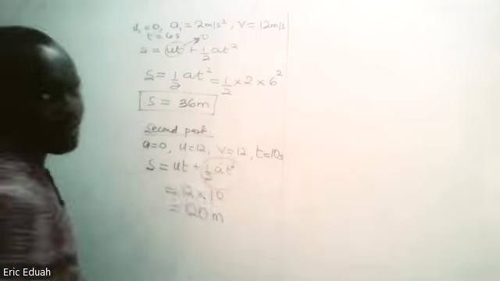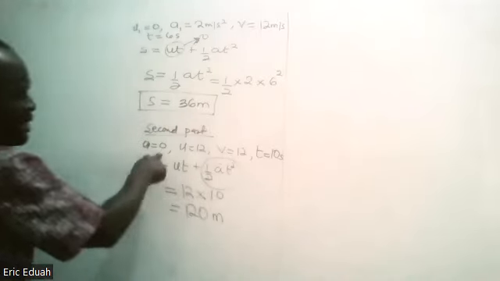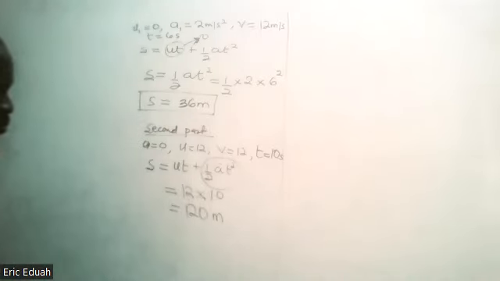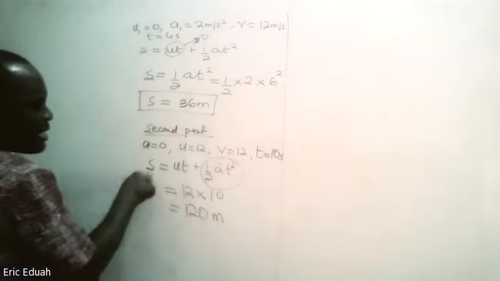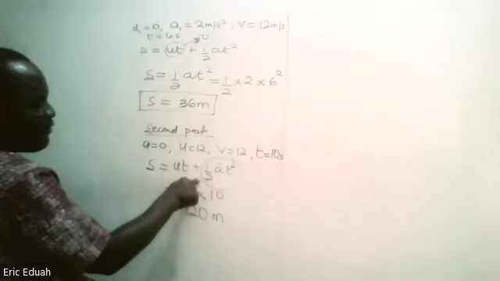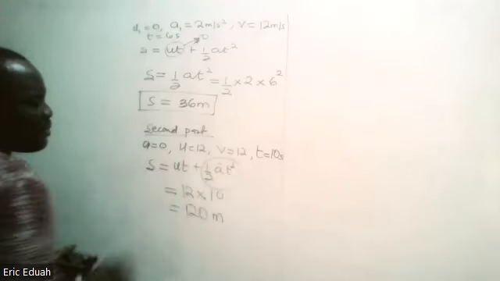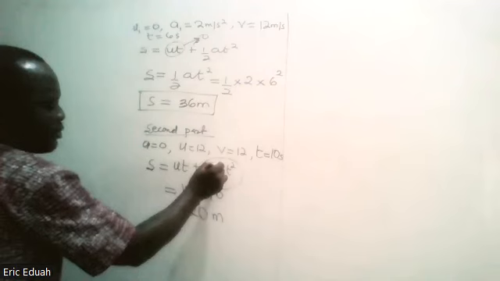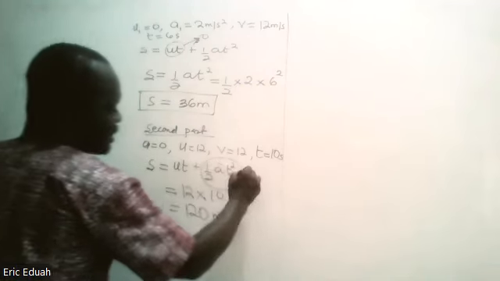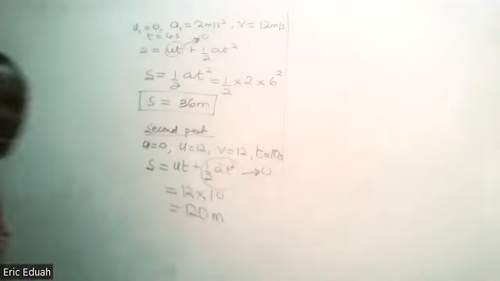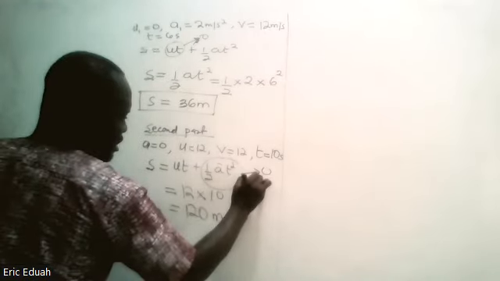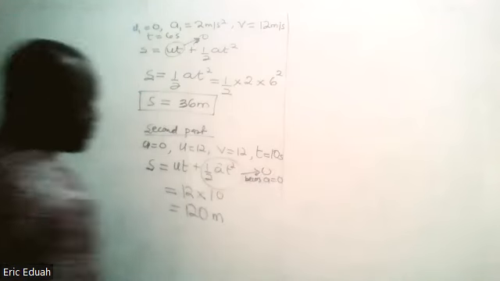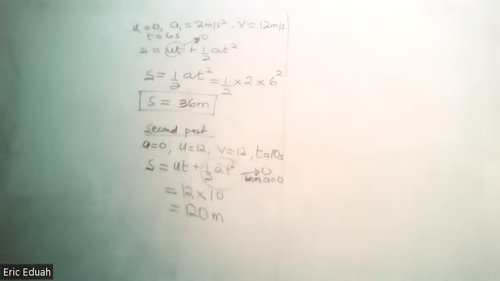If the velocity is constant, it means acceleration is 0. So when you use ut plus half at squared, because a is 0, that part will go to 0.